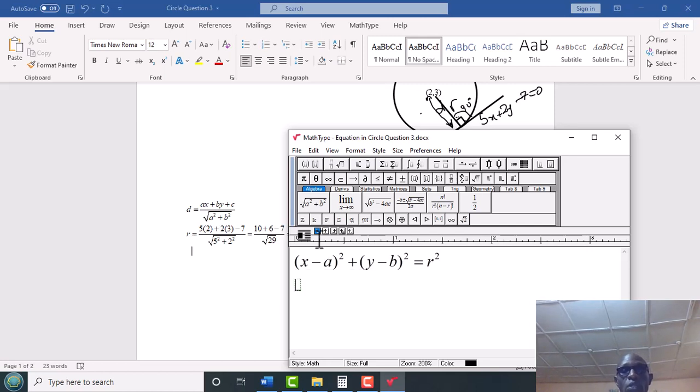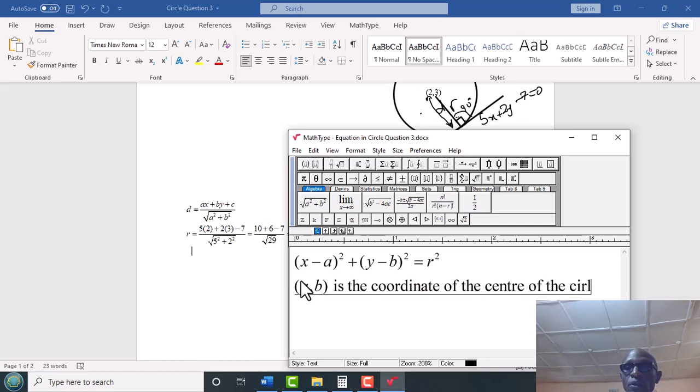Here, a, b are the coordinates of the center of the circle. The center of the circle is given as (2, 3). That's our a and b.